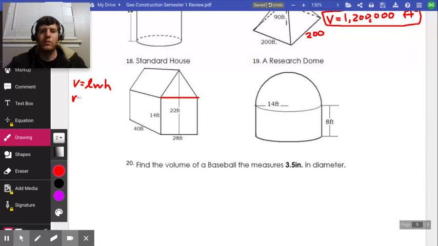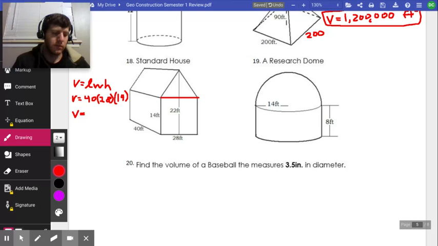So the volume here is going to be 40 by 28 by 14. Okay, so we put that in our calculator, 28 by 40 times the height, which is 14. So the volume of that rectangular prism is 15,680 square feet.